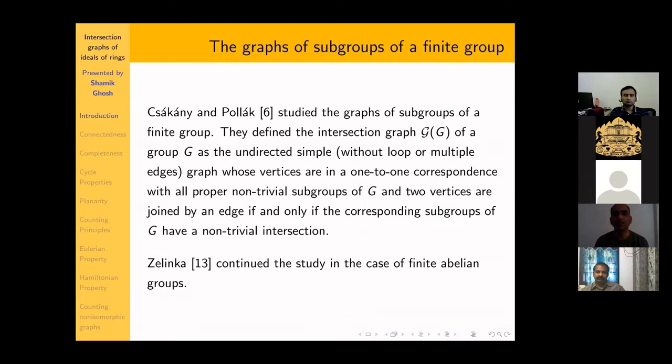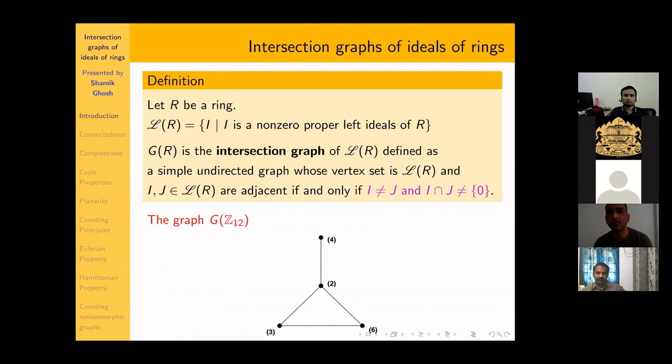That study of Csákány, Pollák, and Zelinka was basically the starting and motivating point for defining intersection graphs of ideals of rings. So the motivation came from group theory.